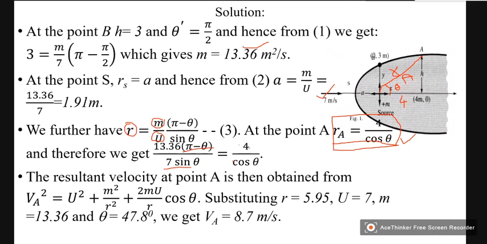Now here there is a problem. If you solve this equation, actually here the things are jumbled. Here you have to solve, it is not written there. So this equation is to be solved.